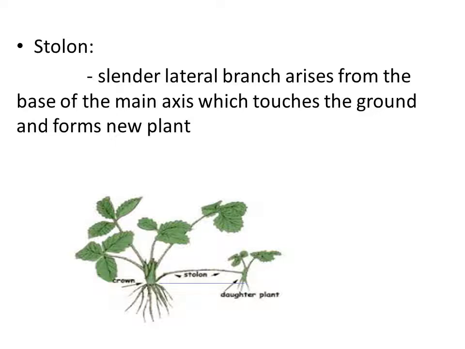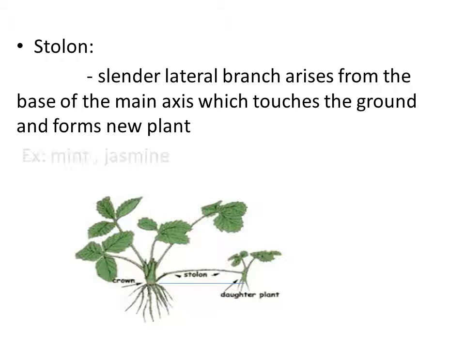This kind of propagation keeps on continuing in the plant. Again the daughter plant will grow and mature. Again it forms a lateral branch and that arcs down, then again it gives rise to a daughter plant. Like this, in the form of a chain, new plants arise. Clear?